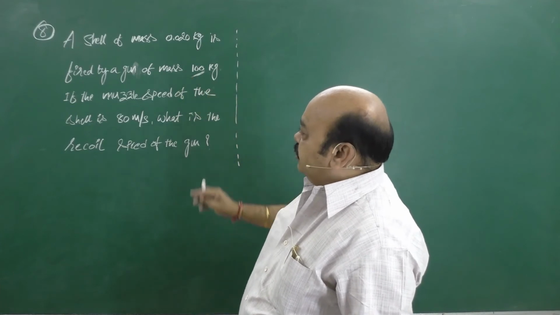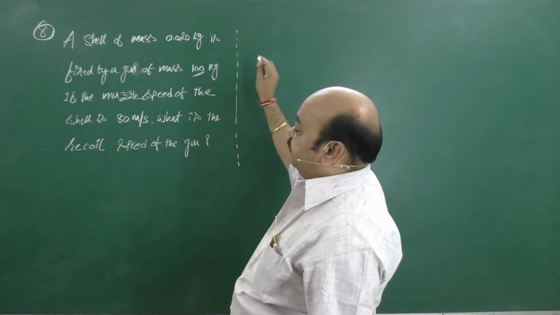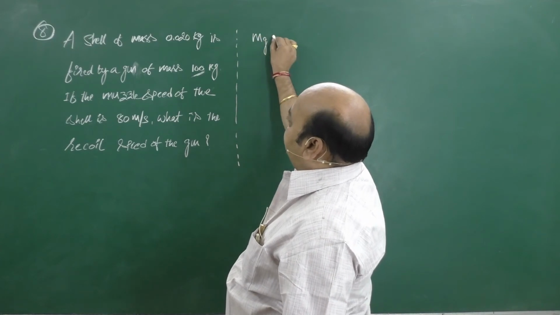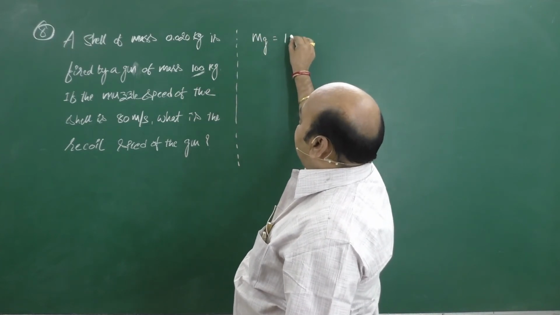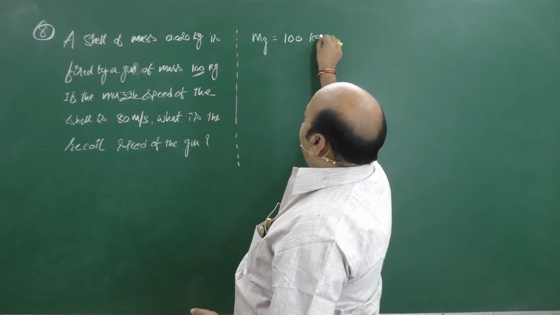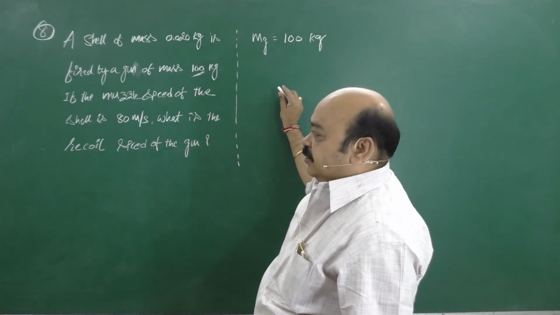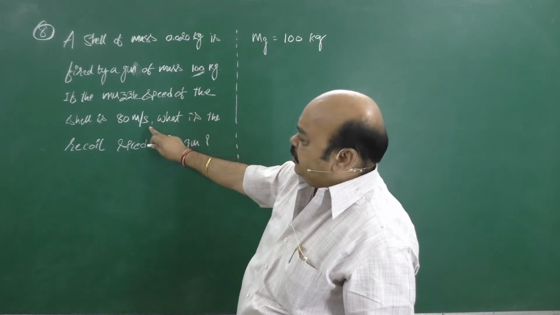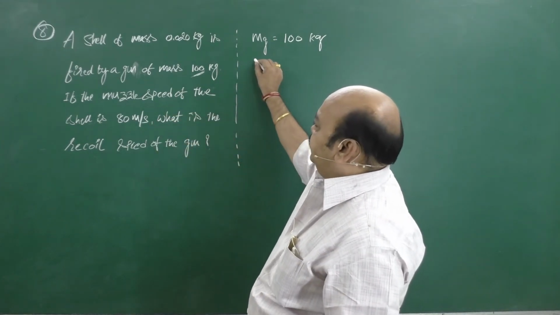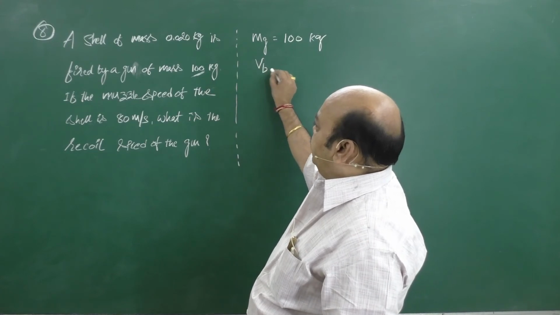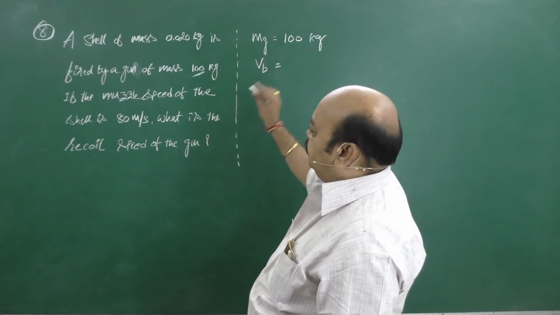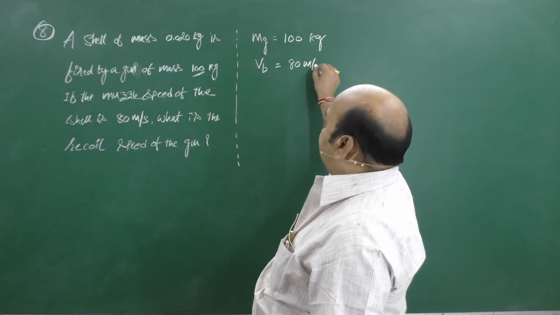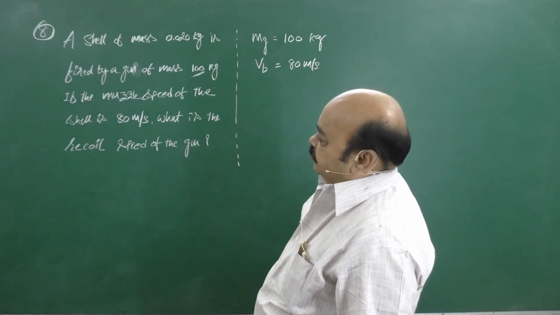Here the given data is the mass of the gun, say mg, it is 100 kg, oh, it is very heavy. And what is the muzzle speed of the shell? That means a bullet. Shall we write velocity of the bullet? This is equal to how much? 80 meter per second.